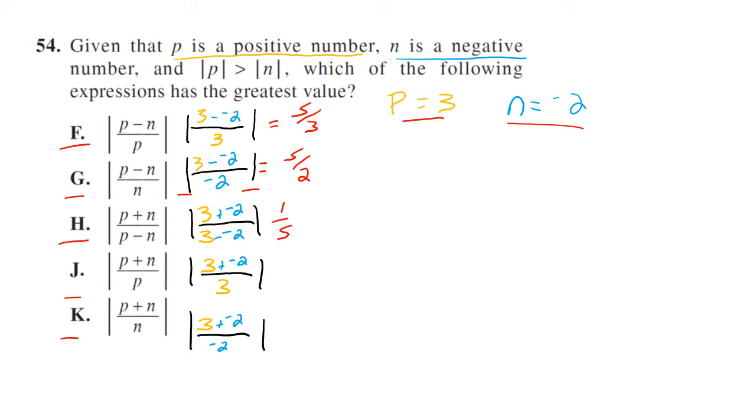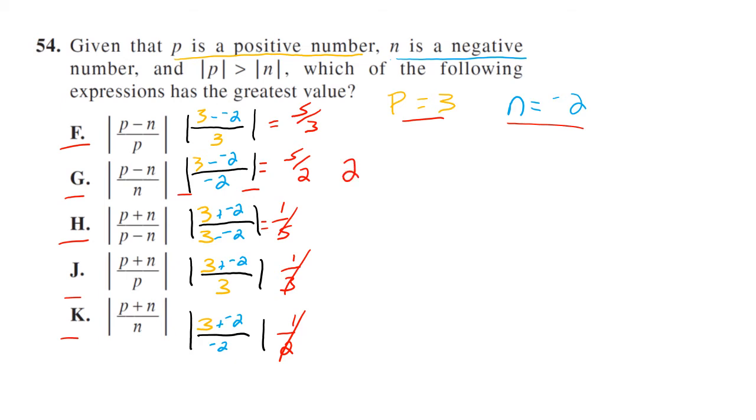And 3 plus negative 2, that's going to be 1/3. And 3 plus negative 2, 1 over 2, 1/2. So we know that these are all not the greatest. So 5 over 3 or 5 over 2.